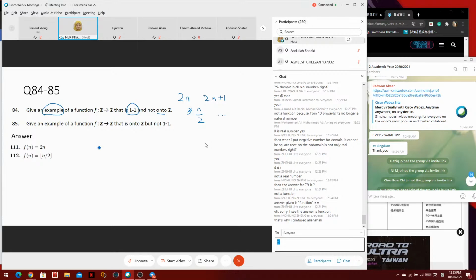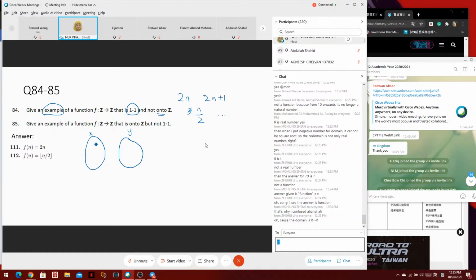I hope you still remember what is 1 to 1, where you have x here, y here. 1 to 1 means every element in x will just be mapped to one element in y. But there can be elements in y which are not mapped by x.